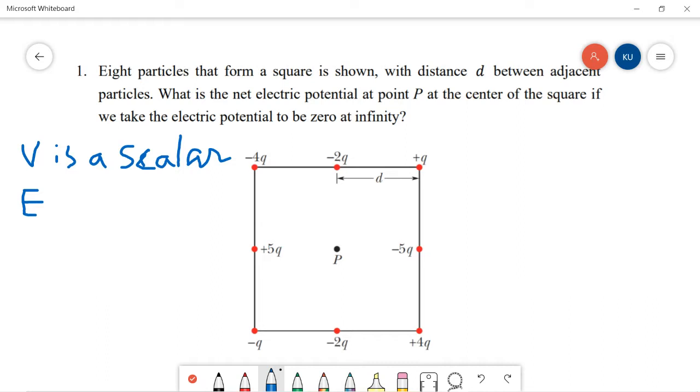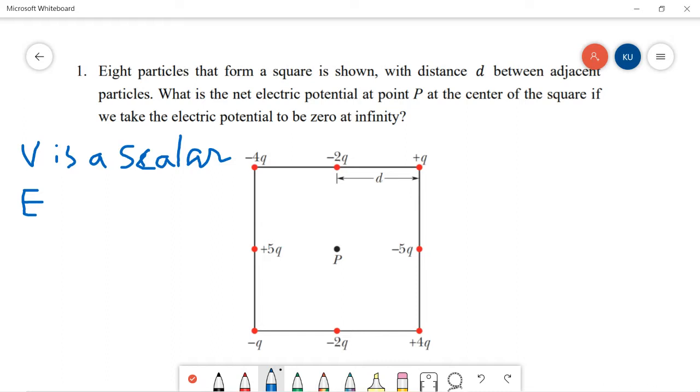So why we need to introduce electric potential V is that V is a scalar, so it is easier to calculate the sum of many electric potentials. In this problem, there were 8 particles, 8 charges.